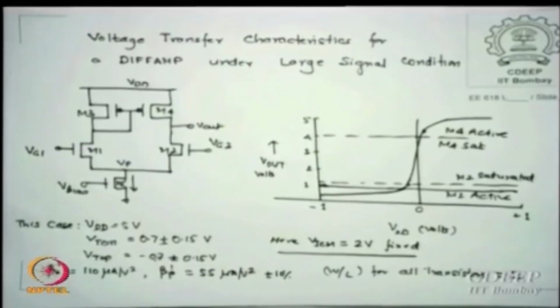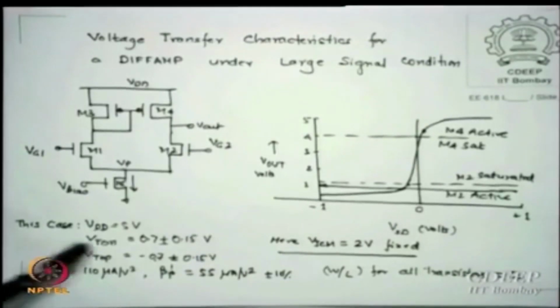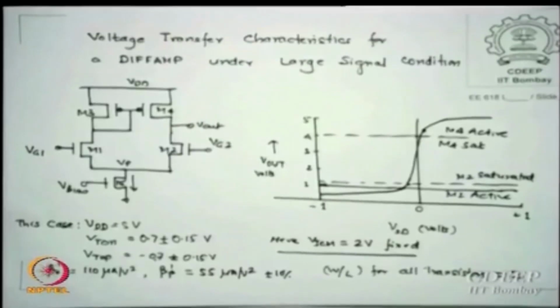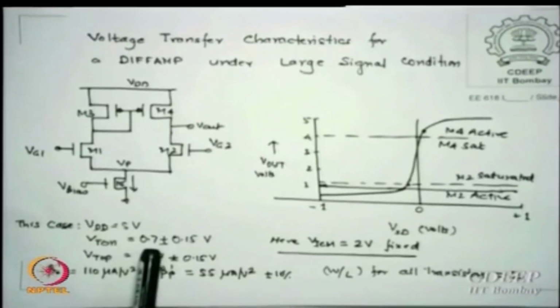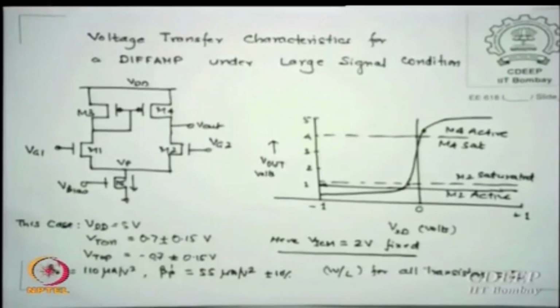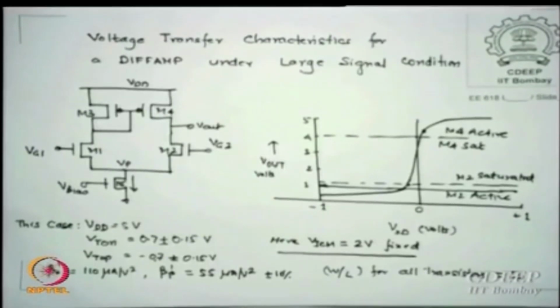So all the books whenever you see, barring the latest ones which may probably have a 1.2 volt supply, otherwise this is the data given by everyone. So I thought if at all someday you are going to read the book, you should have this. The VDD is 5 volt, VTO of NMOS, O stands for without substrate bias, typically it will be 0.7 volt, let us say plus minus, this is the tolerance you will get actually.